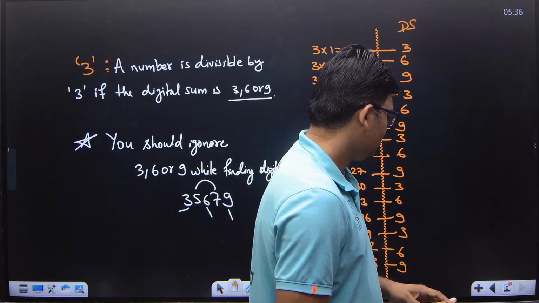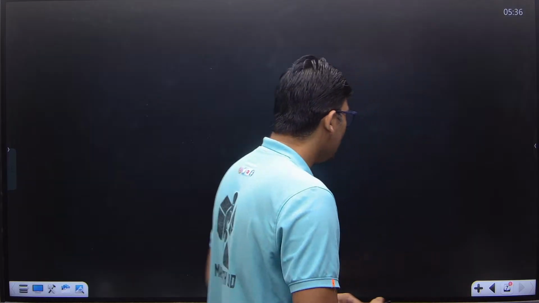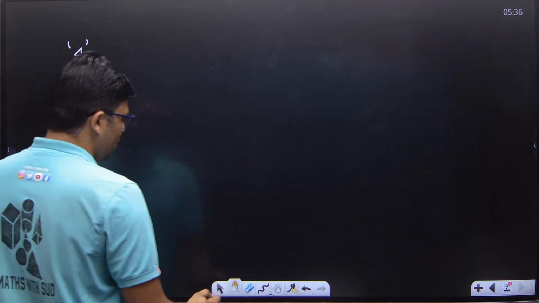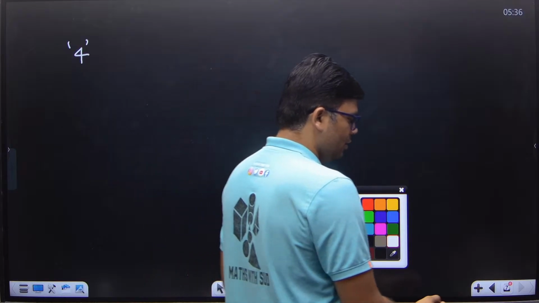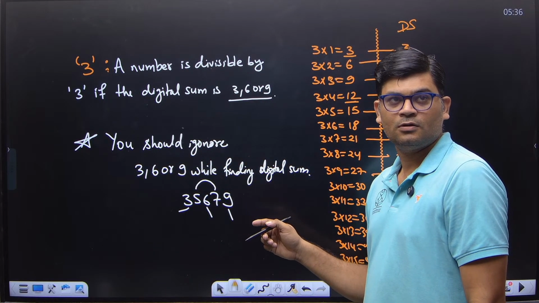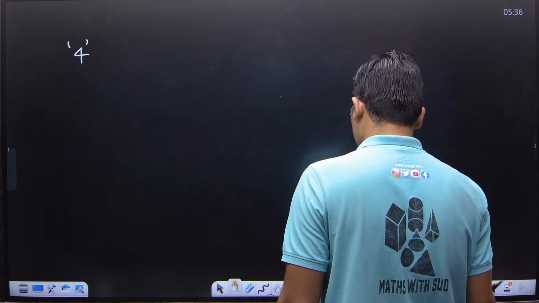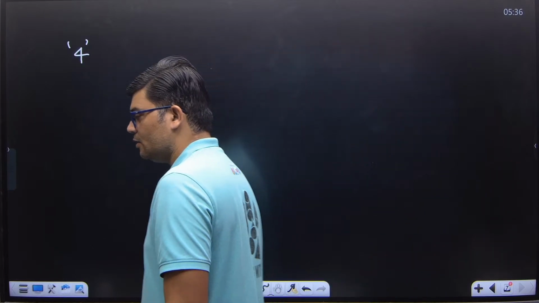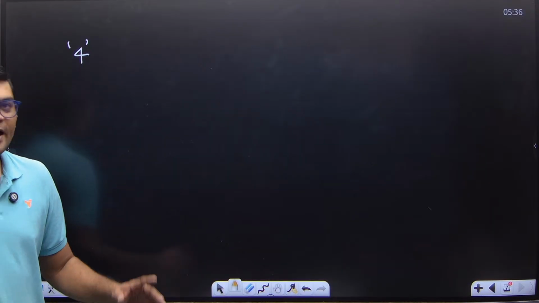Okay. Coming to the divisibility rule of 4 now. I should write this down, right? Yes, you must write the table of 4. So first we are going to write the table of 4 up to 100, up to 25. I will write in a certain pattern.